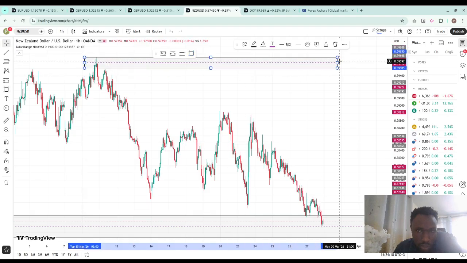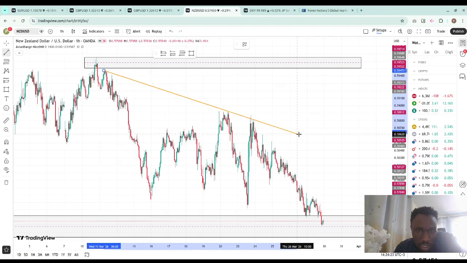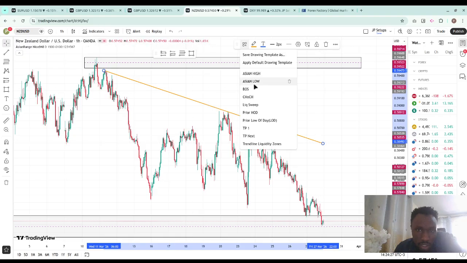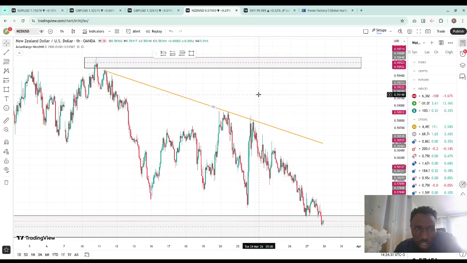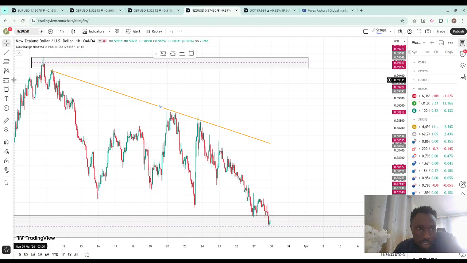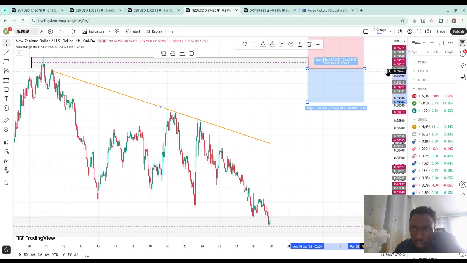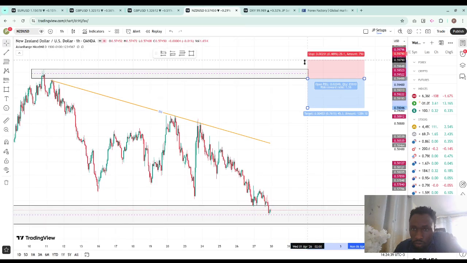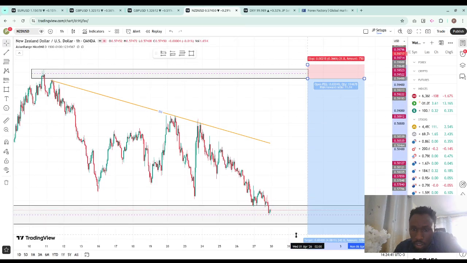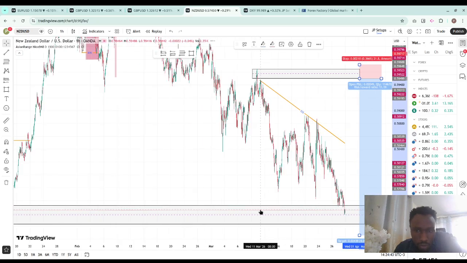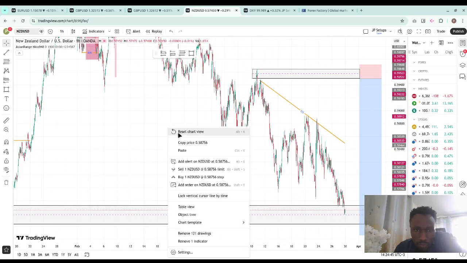If it comes back to this point after taking out this trendline liquidity here, then that is when I'll be confident to take sales from that point, probably downwards.